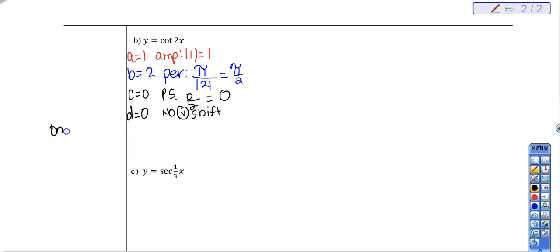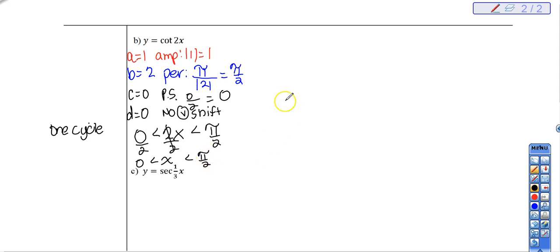And one cycle of your cotangent function starts at 0, less than your bx plus c, so 2x, less than pi. And we're going to use this period change to indicate where your asymptotes for one cycle go. So we're going to start at 0, in between, x is between 0 and pi/2.